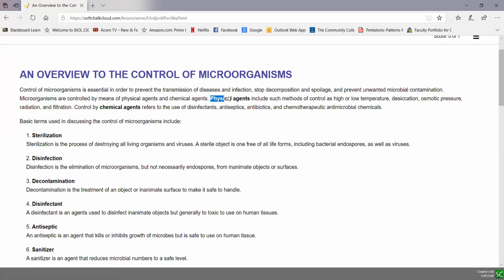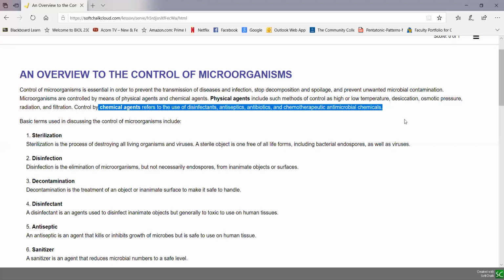Physical agents include such things as high and low temperature, desiccation, osmotic pressure, radiation, and filtration, anything not chemical. Chemical agents refer to the use of disinfectants, antiseptics, antibiotics, and chemotherapeutic antimicrobial chemicals. Although you need to know what a physical agent is by definition, physical agents we'll be covering later on in lab rather than in lecture.